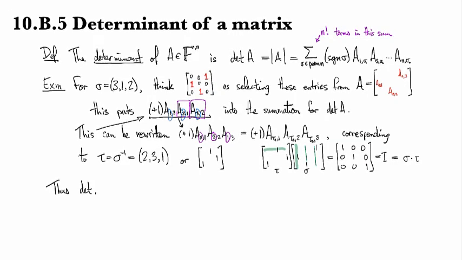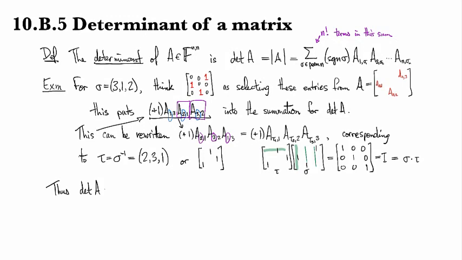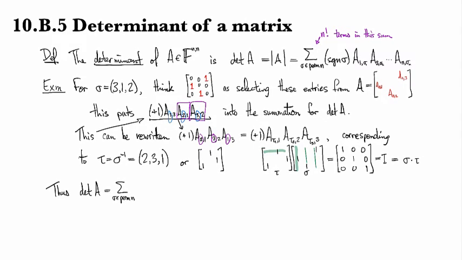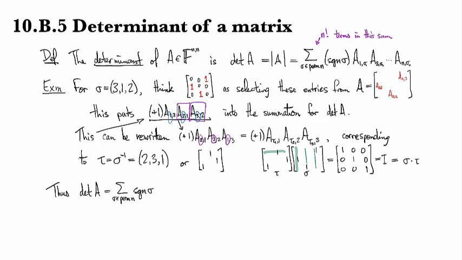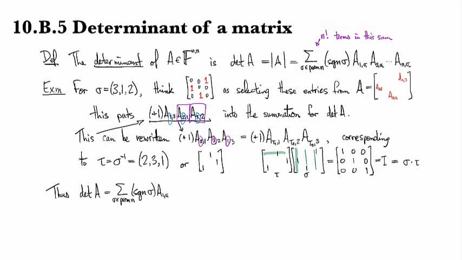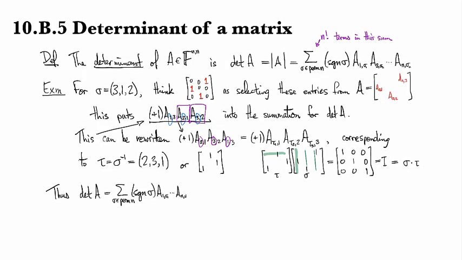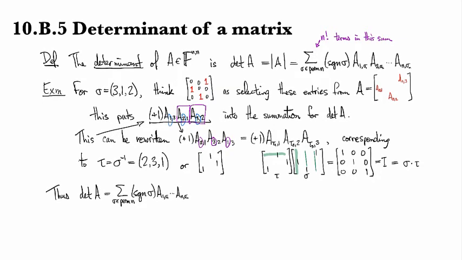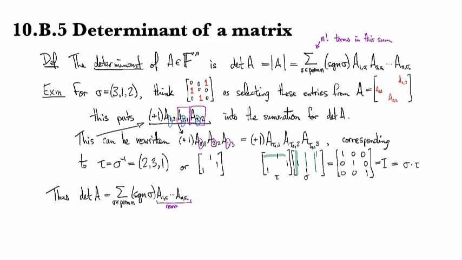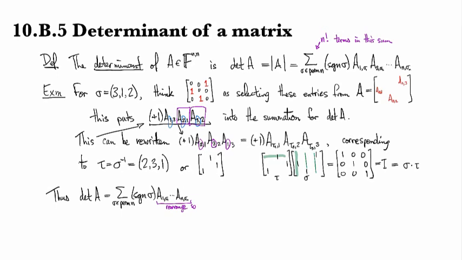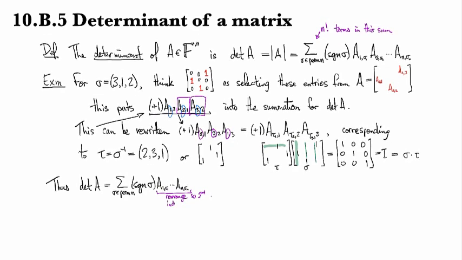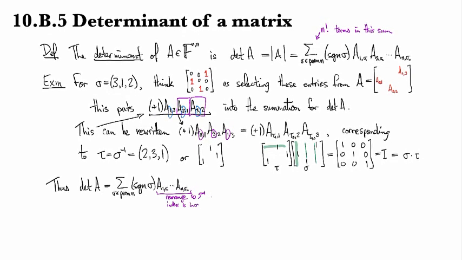So for example, the determinant of A is the sum over all sigmas in perm n of sign sigma, A1 sigma 1, through An sigma n, and then we can rearrange so the second index is increasing. That's what I did just above.